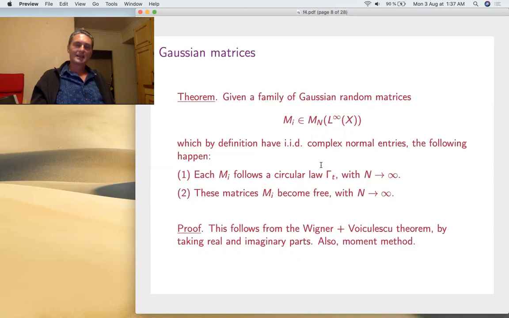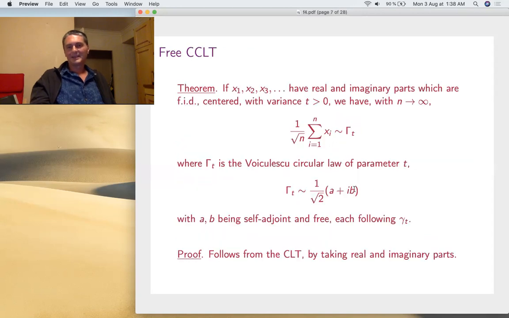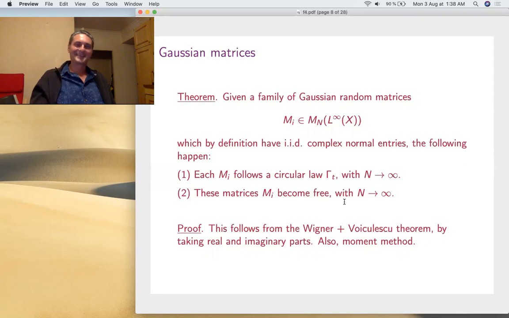The thing is that this one doesn't really follow from Wigner alone. You need both Wigner and Voiculescu in order to prove this. For the circular law, you really need freeness between real and imaginary parts. The real and imaginary parts will be Wigner matrices, so you need that freeness result for Wigner matrices. So there's a subtlety here.